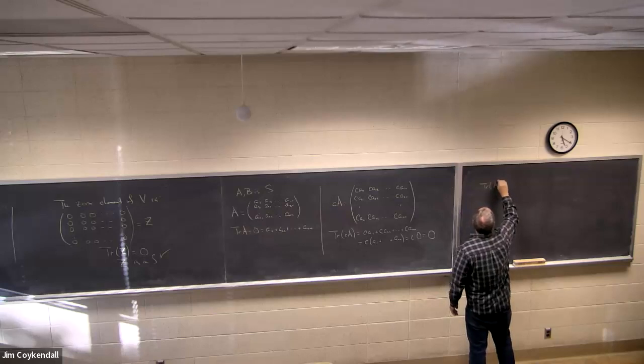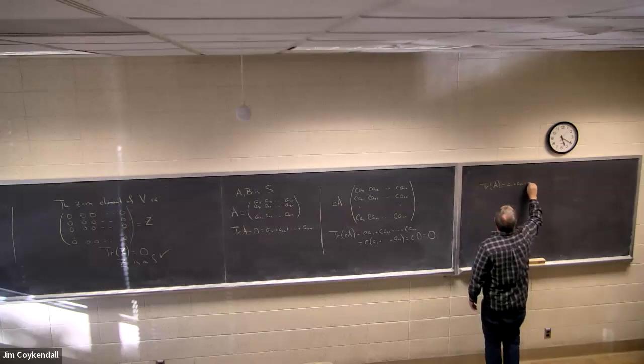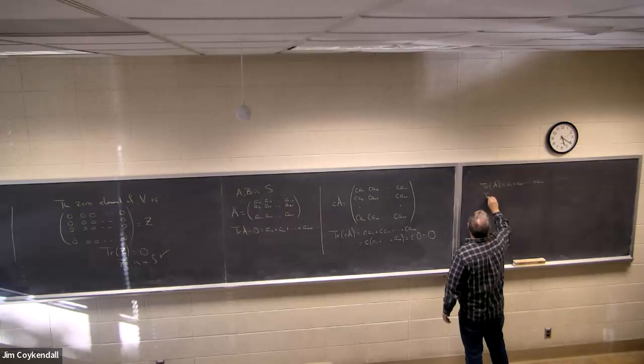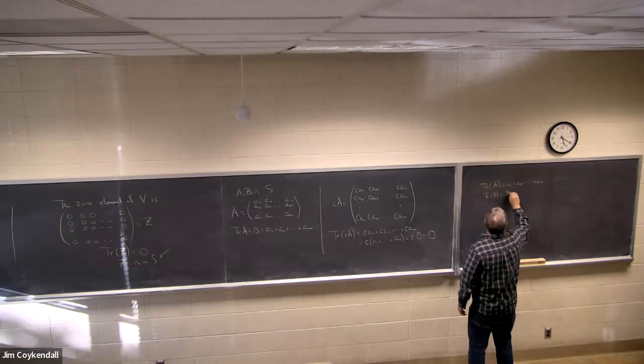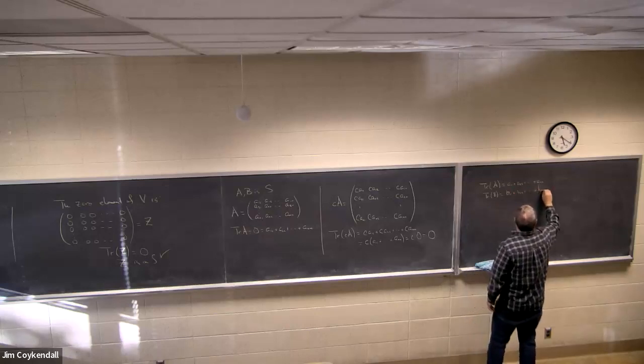Trace of A is A11, A22, and trace of B is B11, B22.